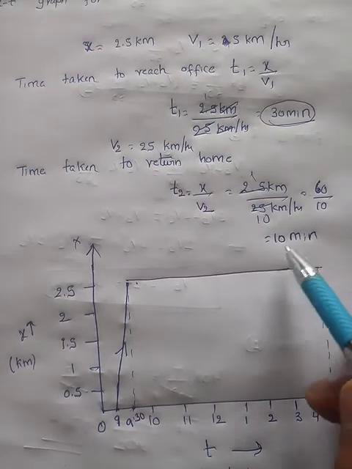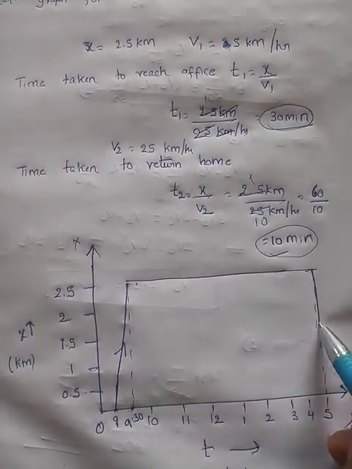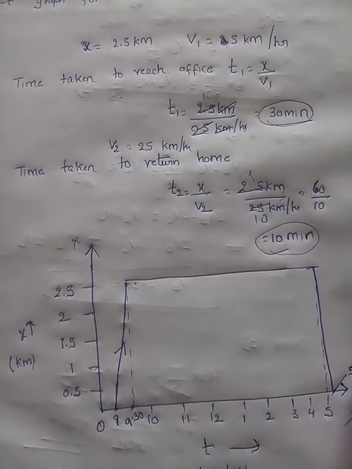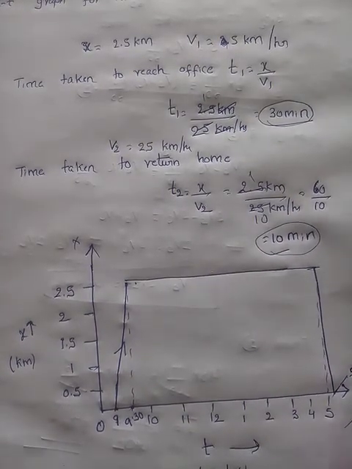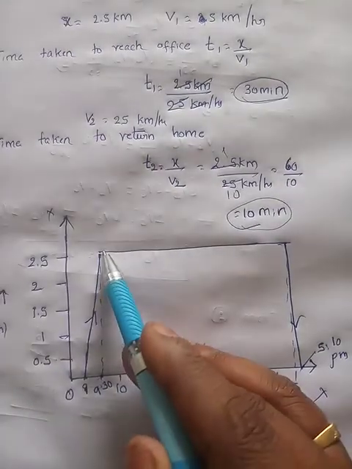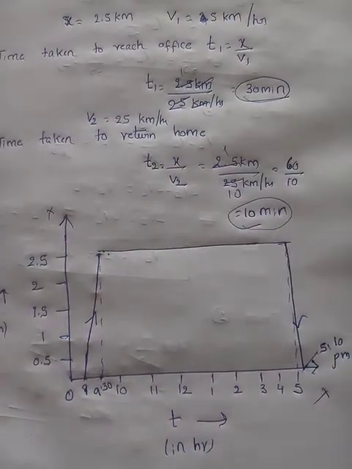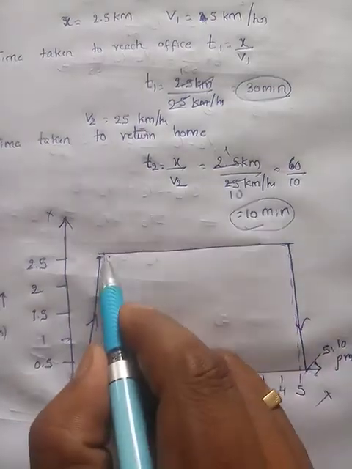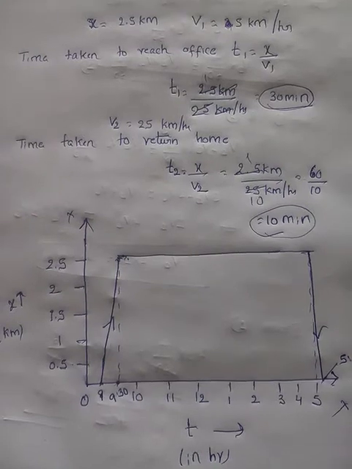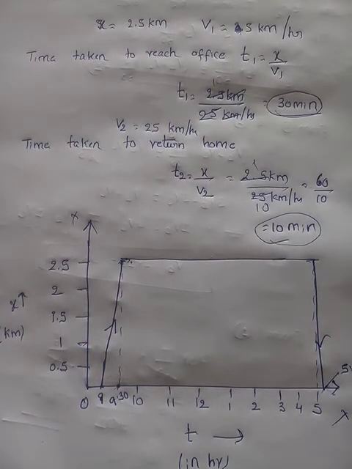Then she reached home after 10 minutes, means by 5:10 she is at home, 5:10 p.m. So she started her journey at 9 o'clock and reaches the office by 9:30. She stayed in her office up to 5 and reached home by 5:10. So this is the way to represent the position time graph for any body motion. Understood, students?